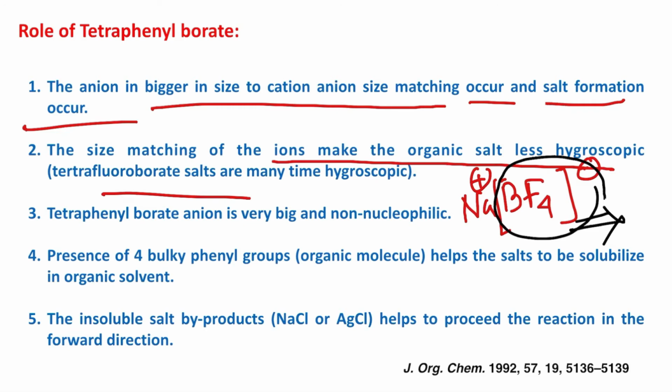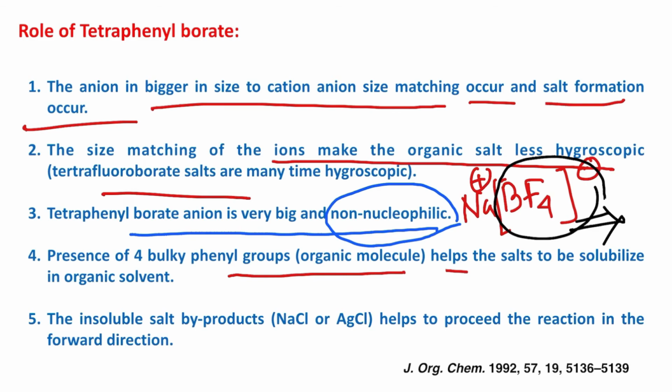Now tetraphenyl borate anions are very big and non-nucleophilic, because four bulky phenyl groups are surrounding boron, and the formal negative charge is on the boron atom. So that's why they are very big and non-nucleophilic. That is the advantage, remember. And the presence of four bulky phenyl groups, which are organic, helps the salt to solubilize in the organic solvent.